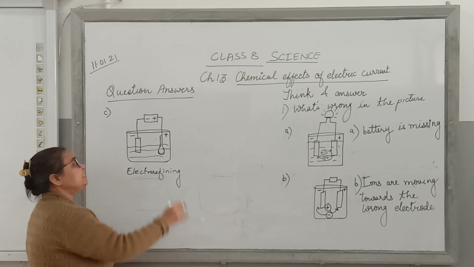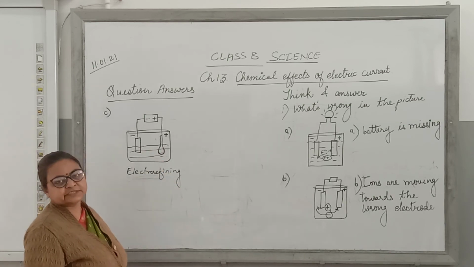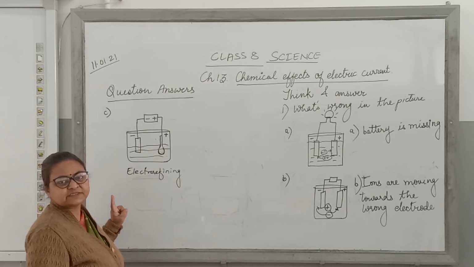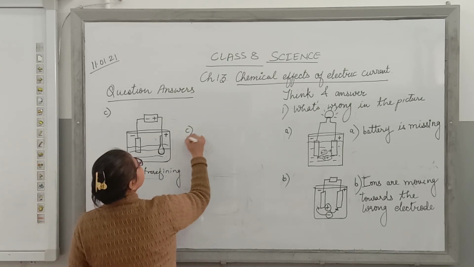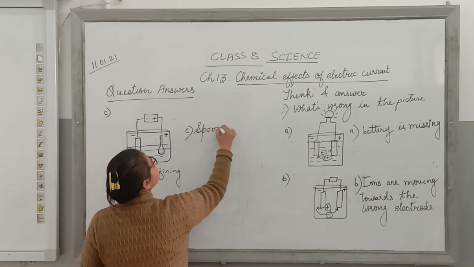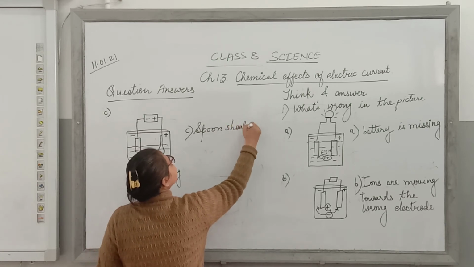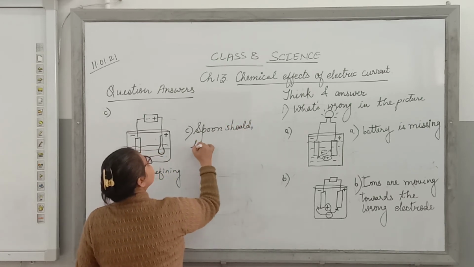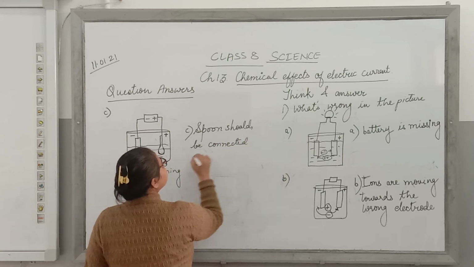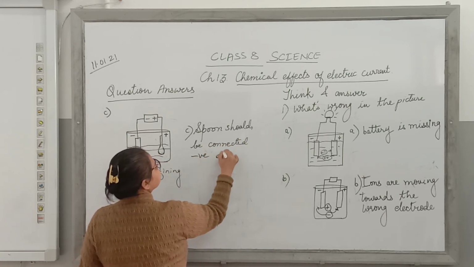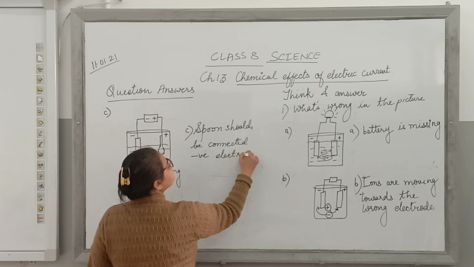But here they have connected it with the positive electrode. So this is what is wrong in the picture. Your answer will be spoon should be connected to negative electrode, or spoon should be the cathode.